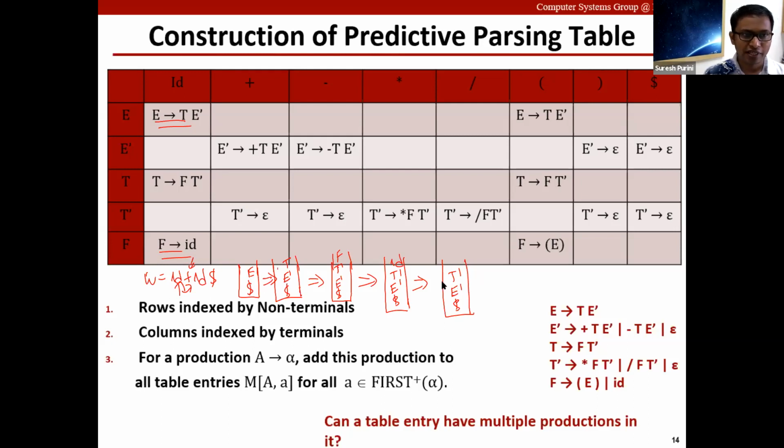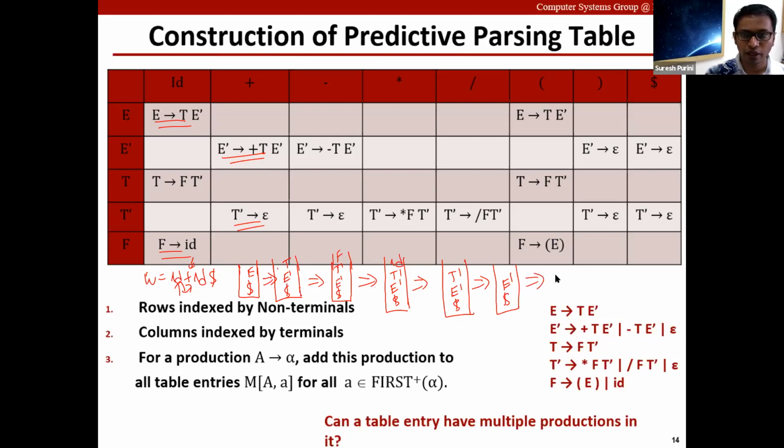If the top of the stack is T prime, and the current look-ahead symbol is plus, we apply the substitution rule T prime goes to epsilon. So this is what we get. And if the top of the stack is E prime, and the current input symbol is plus, we have to apply the substitution rule.